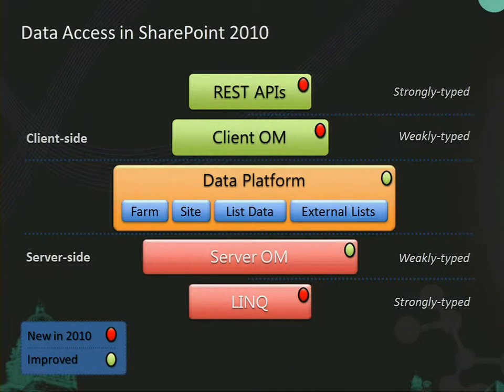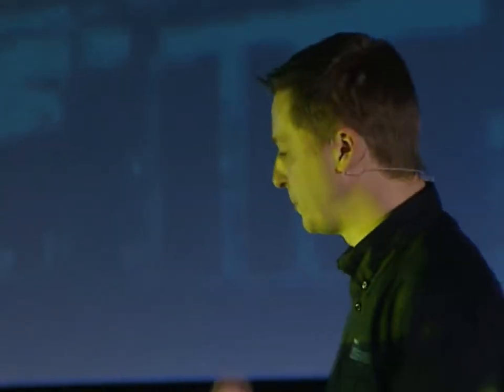In SharePoint 2010, first of all, besides the server object model, we also have a new client object model, which can be used from .NET clients, which can be used from Silverlight clients, and which can be used from JavaScript clients, which is, of course, JavaScript code running inside the context of a SharePoint site, which can be jQuery code. And I will show you that in a second, of course, as well.